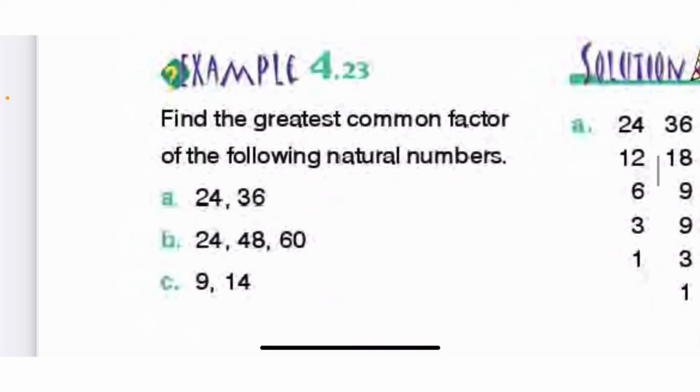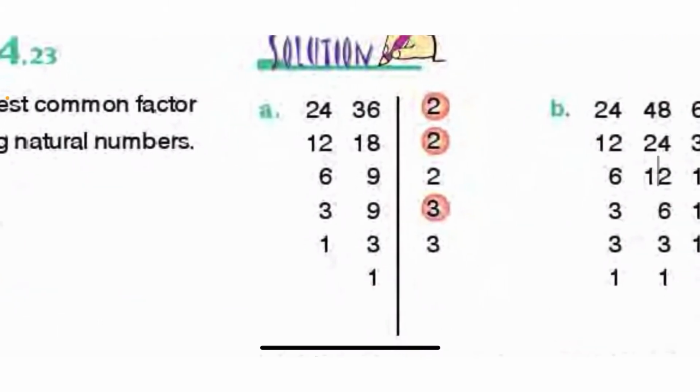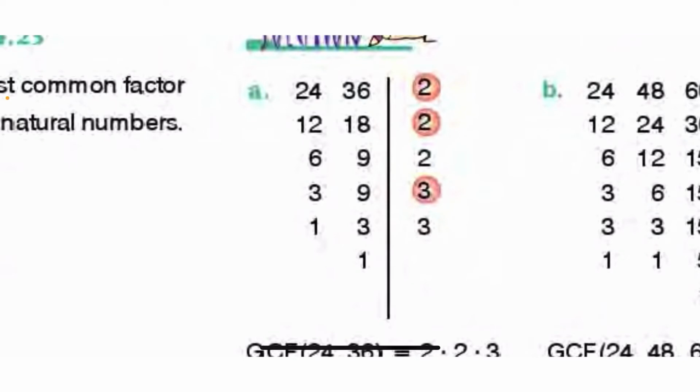Next example. Find the greatest common factor, GCF, of the following natural numbers. First one is 24 and 36. We factorize them, dividing by 2. We get 12 and 18. Dividing by 2 again, they're both divisible by 2, right? So we get 6 and 9, but 9 cannot be divided by 2, so we divide only 6.